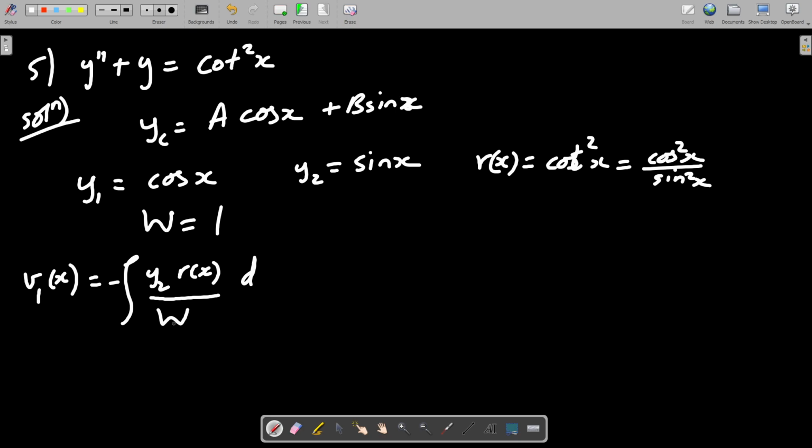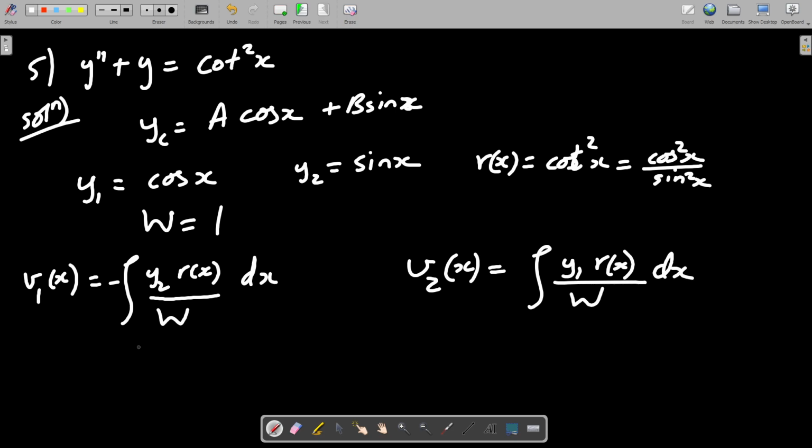I'm just writing this as w instead of w of y1, y2 just for short notation, and this is going to be rx.